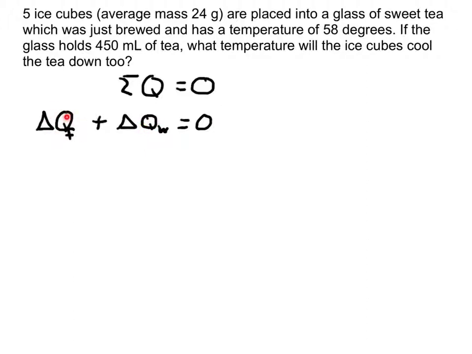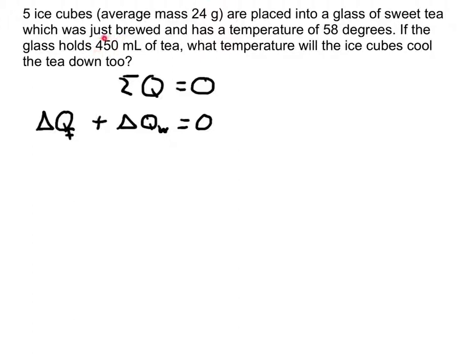We're going to consider our 5 ice cubes to be at 0 degrees already and just melting. So we're going to neglect that it could be at like -2, -4 degrees Celsius. We're also going to neglect that as this ice melts, it turns into water, and so that would add mass over here. So there would technically be a third delta Q in here for the water as it melts and warms up, because 24 grams is a very small amount.